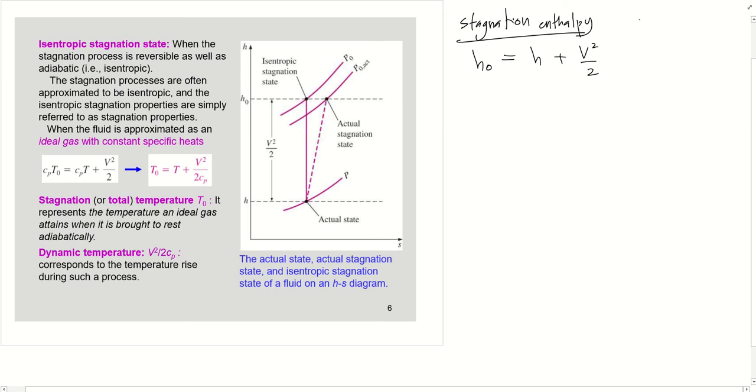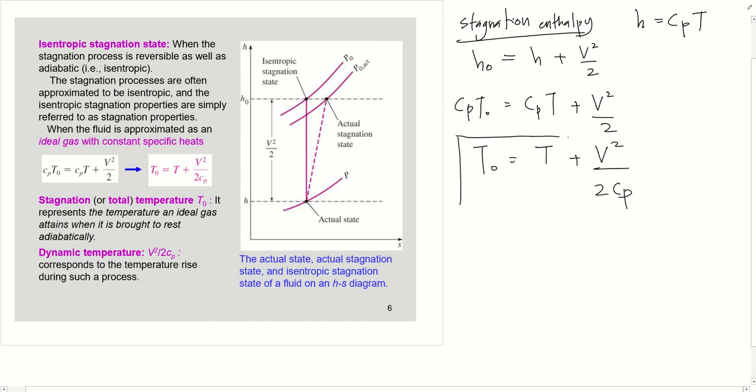So in thermodynamics, you learn that enthalpy h equals Cp T. So h0 equals Cp T0 equals Cp T plus V squared over 2, or stagnation temperature equals T plus V squared over 2 Cp.